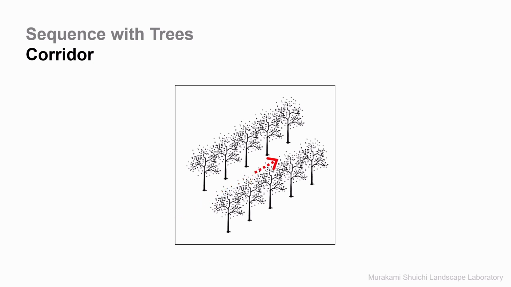As we move forward, the tree trunks on both sides pass along the sides and slip behind us one after another. Through this repeated movement, a rhythm emerges. Here, the rows of trees form a corridor.